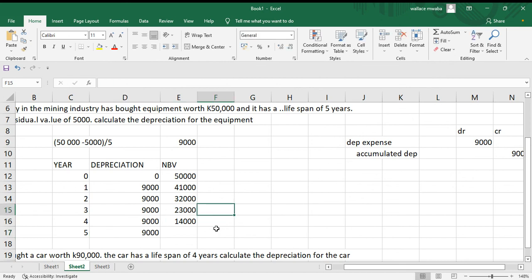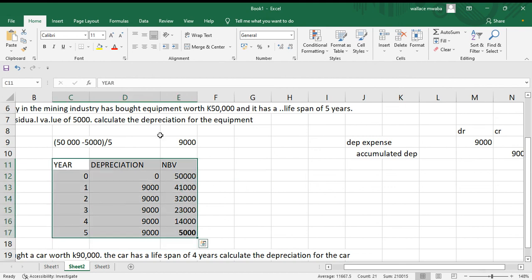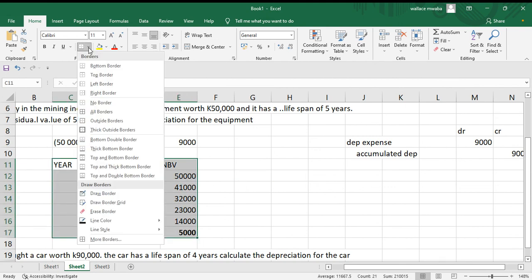The net book value is going to be 14,000 minus 9,000, you get 5,000. And as you can see, our residual value after 5 years will be 5,000, which we have here. So this is how the straight line method of depreciation works.